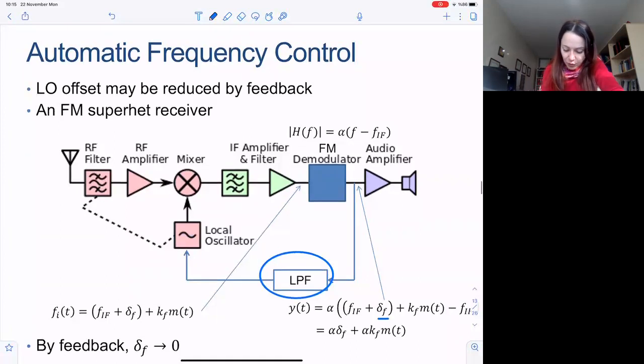This is going to be fed into the low pass filter, and that is going to cause the local oscillator to fix itself in order to ensure that the instantaneous frequency is corrected to drive the frequency offset to 0. So all of these things are done using feedback loops.